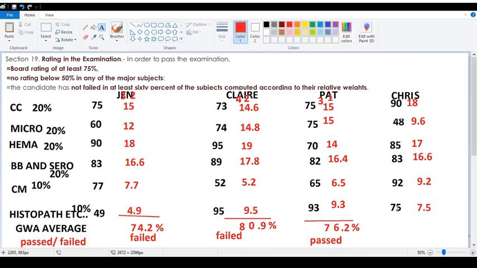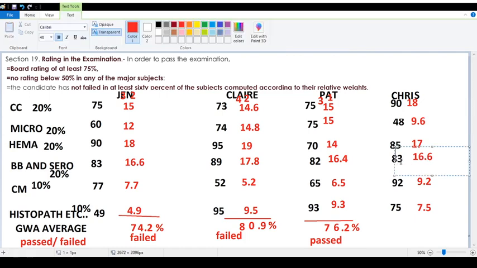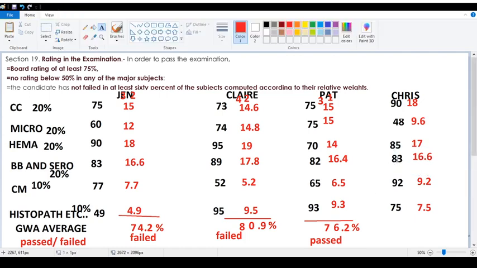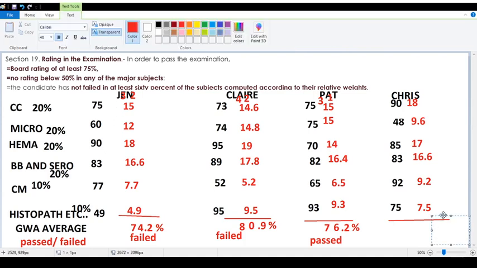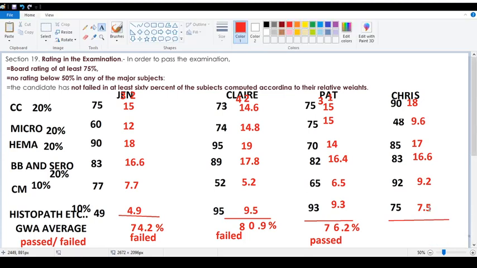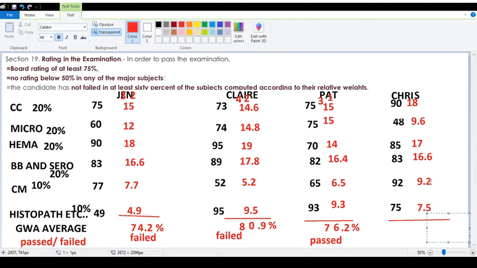Again guys, 10% lang ng 75, 10% ng 92: 9.2 and 7.5. Eto, bakit naging 16.6? That is 20%. So, 8.3 times 2, that is 16 point 6. Ganun lang kadaling mag-compute. You don't need a calculator to do this one. But of course, mas mabilis pag may calculator. So, this is 5, 6, 7, plus 16. So, that is 13, plus 6, 19.